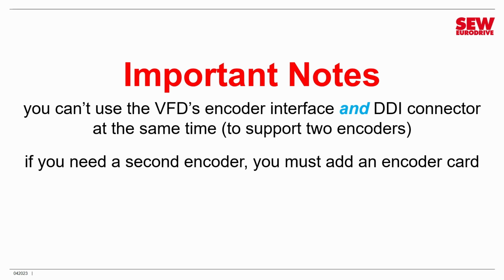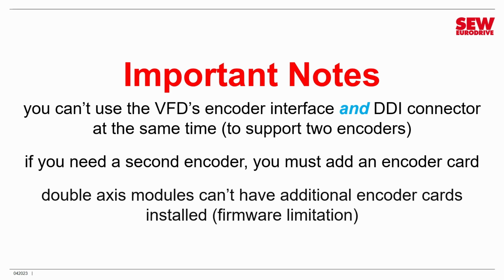Okay, you can't use the built-in encoder and the DDI at the same time. That's because the system firmware can work with either one or the other, but not both. If you need a second encoder, then you're going to have to add an expansion card for that. So there are ways to do it, but you can't kind of cheat by using DDI and the VFD's built-in. All right, just something to know.